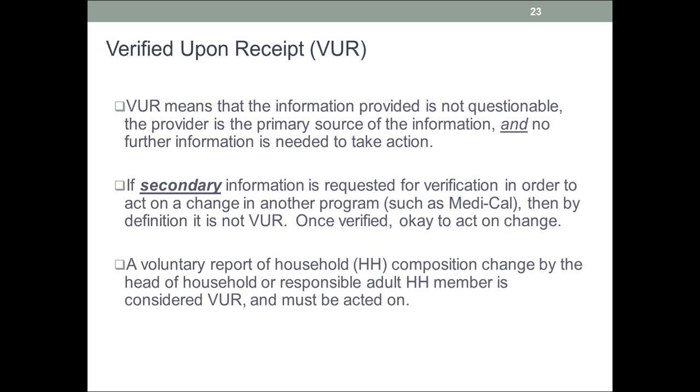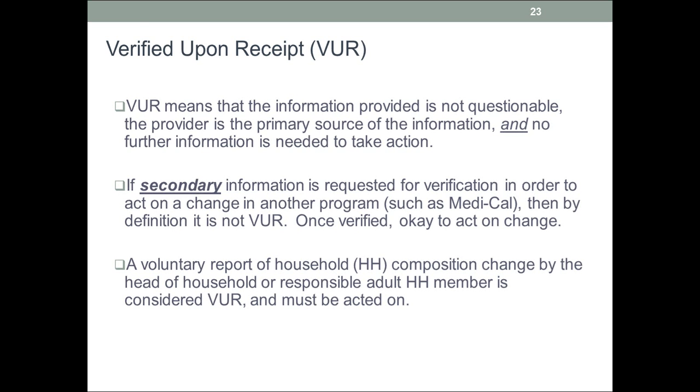So if the county received a report from, say, the Employment Development Department, somehow that they had information that the client was in receipt of Social Security benefits, that is not verified upon receipt because the Employment Development Department is not the distributor of Social Security benefits. In a situation like that, the information would have to come directly from the agency that was actually providing the benefit. So I just wanted to add that. Thank you, Dave.